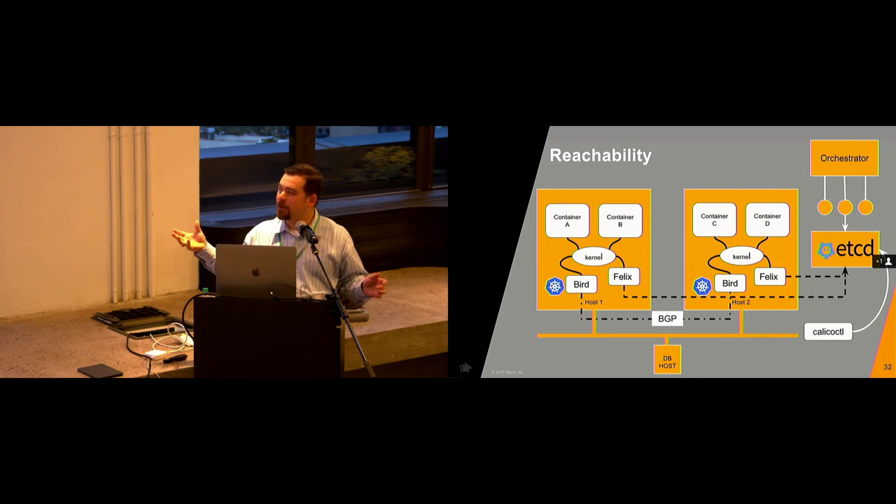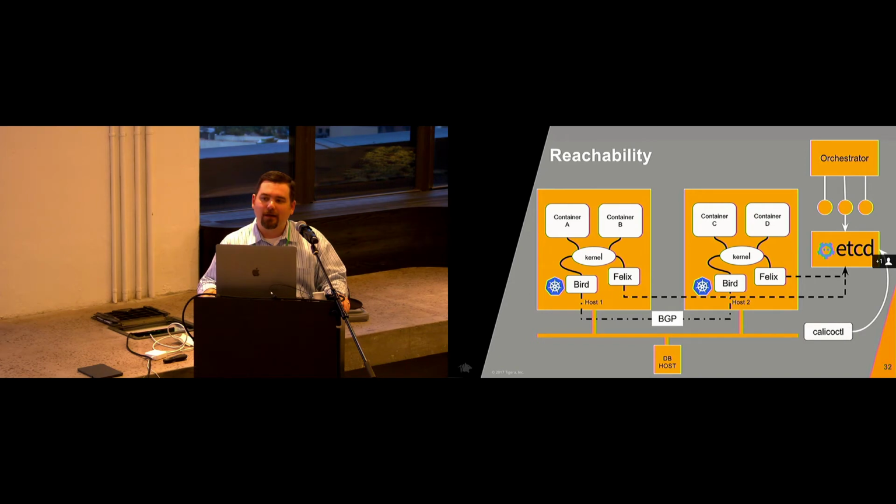One nice thing about Calico is it has native support for Kubernetes network policy. Part of the reason is that we wrote it, so it looks very similar to the Calico policy specifications.